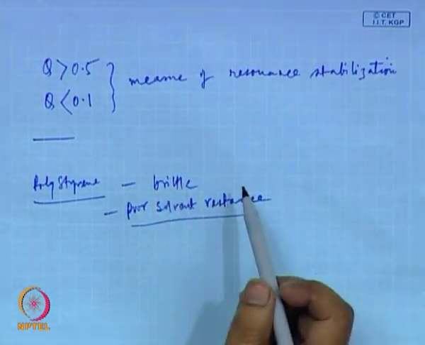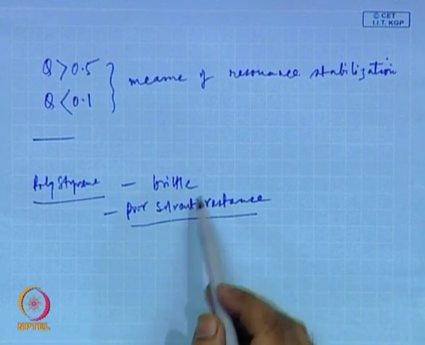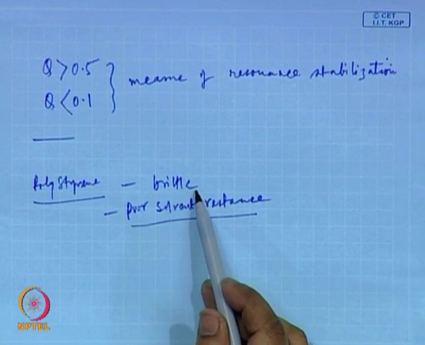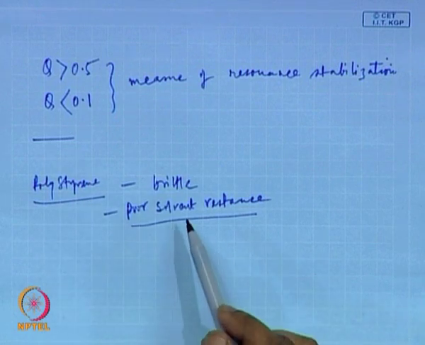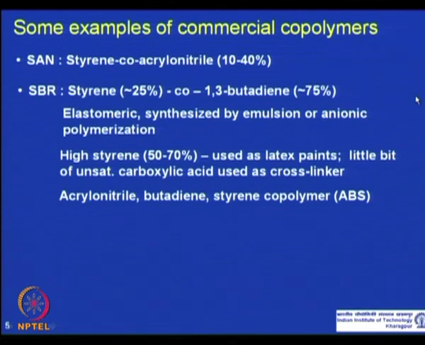So, polyacrylonitrile is also brittle. So, this copolymer does not have a significant improvement over the polystyrene homopolymer in terms of brittleness. So, what is done?